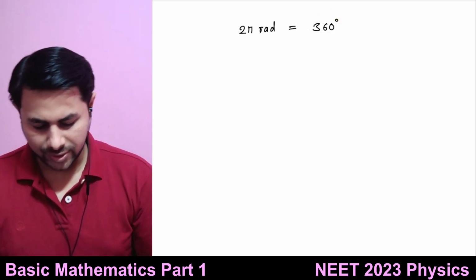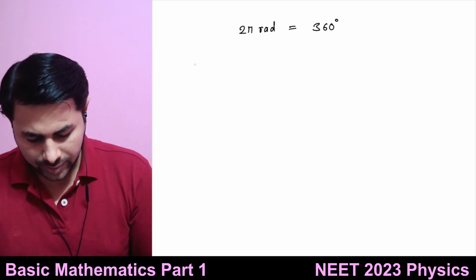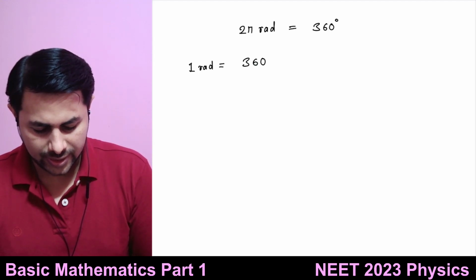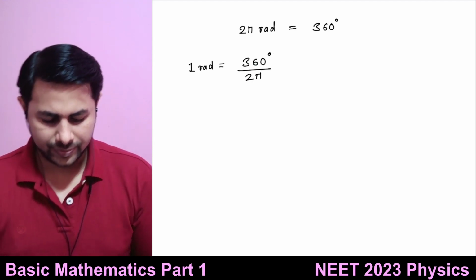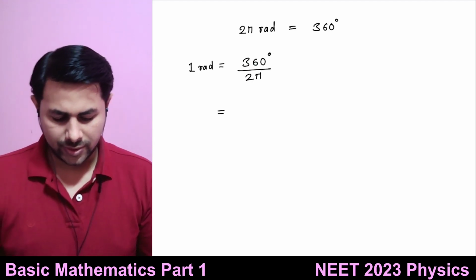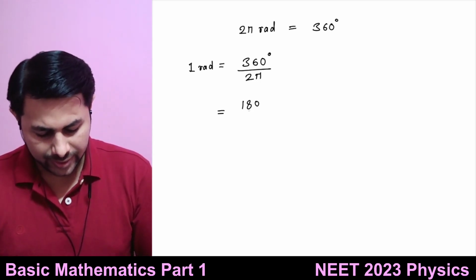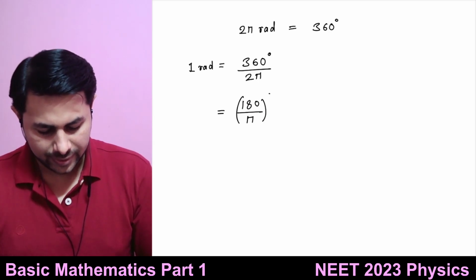Let's do both. So 1 radian equals 360 degrees divided by 2 pi, or if I divide by 2, it is 180 divided by pi in degrees.